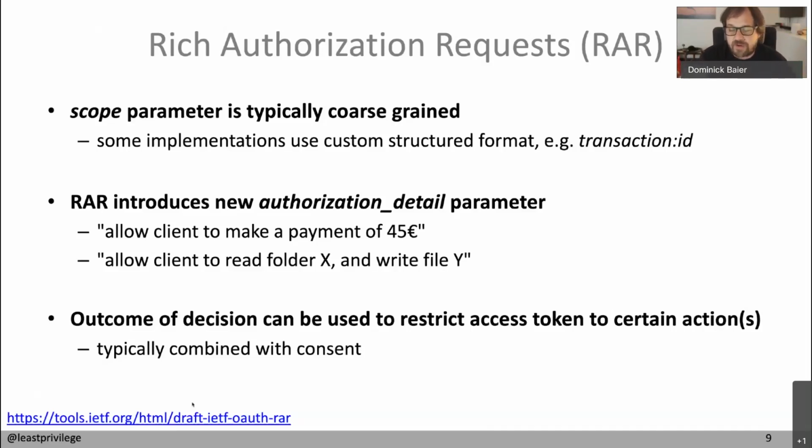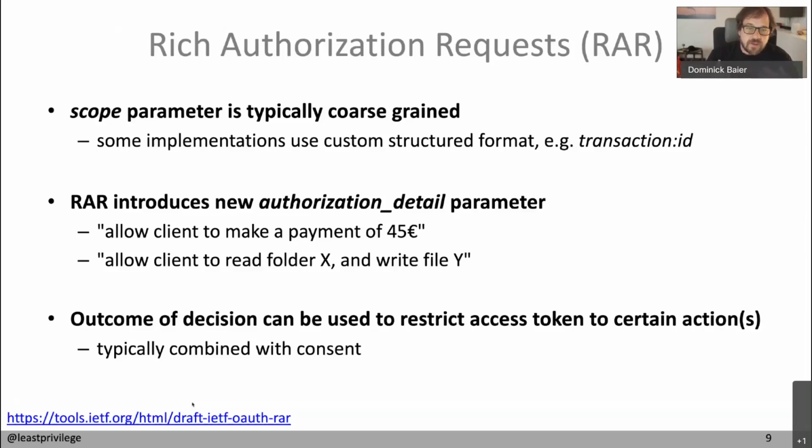This is around transaction IDs. Or there's another spec in the healthcare world, which is called SMART on FHIR, that, for example, says, do you want to allow this client to read the electronic health record of patient 5, okay, but only patient 5. Even if the user, the doctor, has access to more patients, we want to only allow that client to get access to this single patient, right?